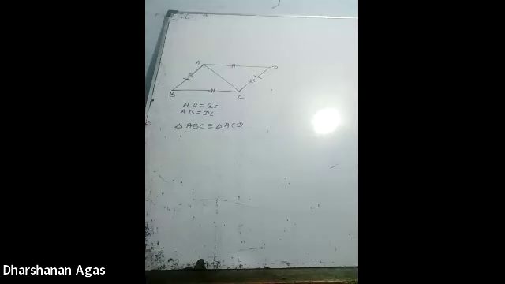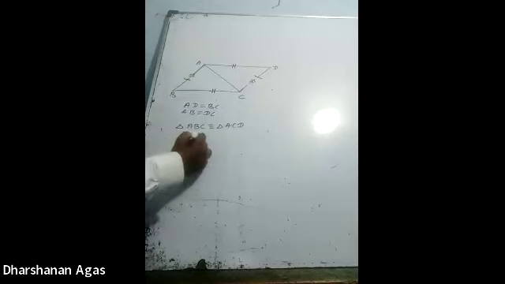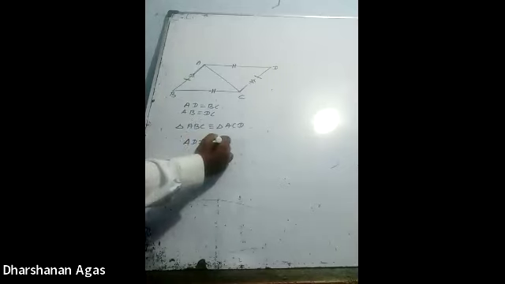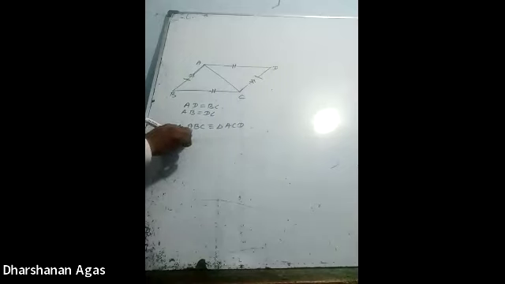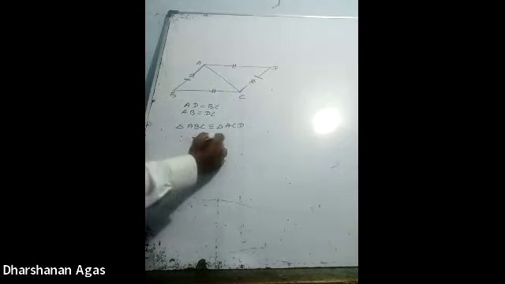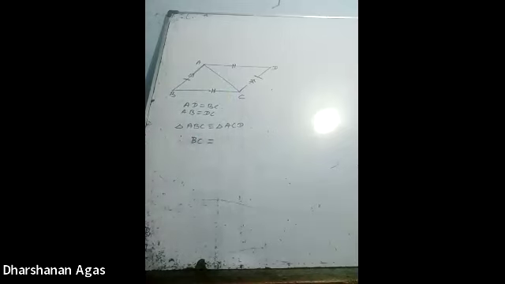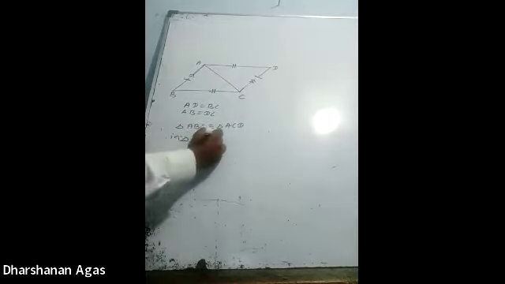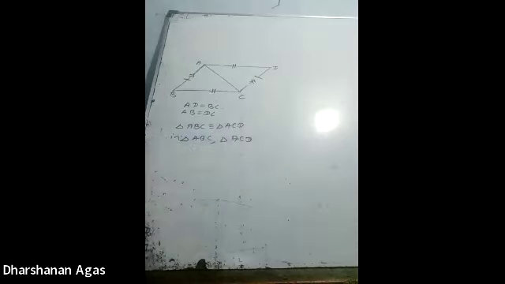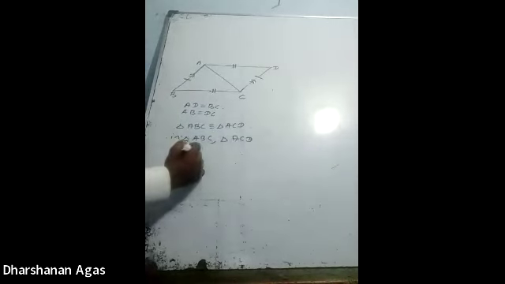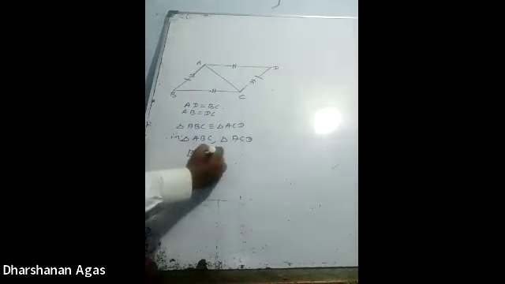Okay, students. Right, the data I already gave: AD equals BC is the first data. The triangle sides will be written according to the triangle order. In triangle ABC and triangle ACD, BC equals AD.